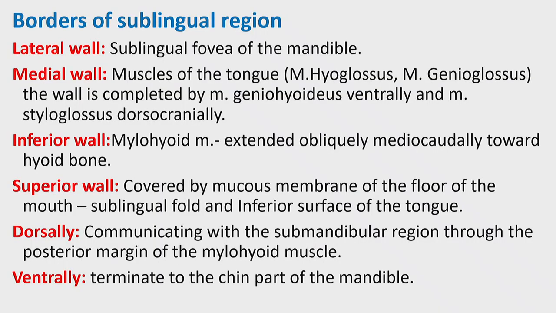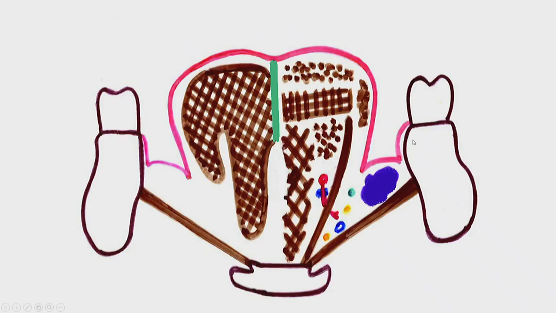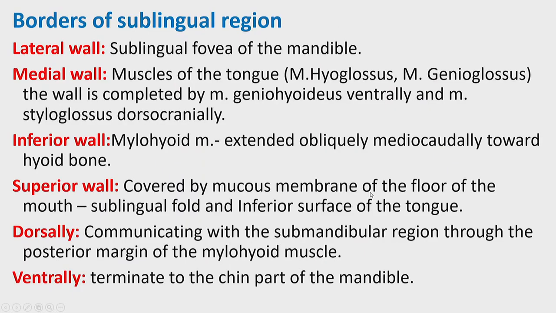Yes? So this is the border of the sublingual region, if you want to say. Above is the mucous membrane, below the mylohyoid muscle, laterally the mandible, medially the muscles of the tongue, and anteriorly the mandible, posteriorly the free margin. So these are the details of the sublingual region.